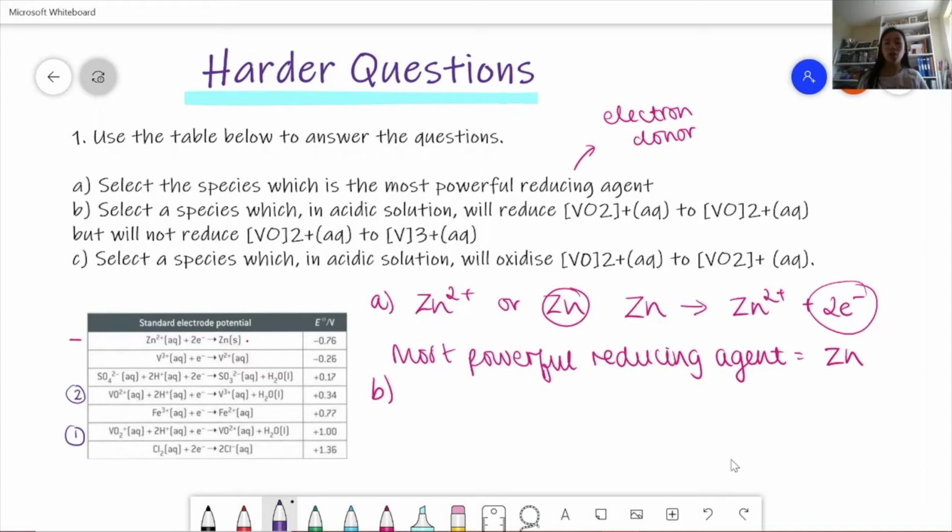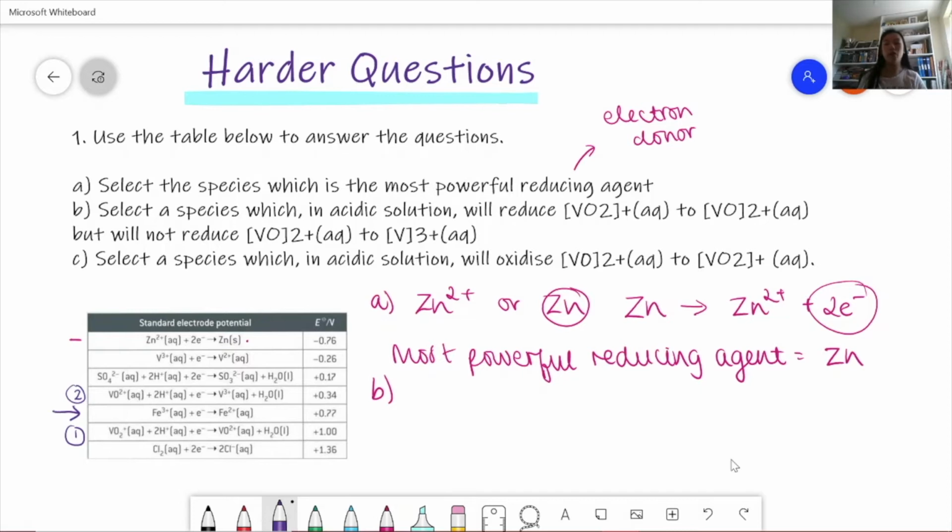And so we need a half cell which is more negative than equation 1, but less negative than equation 2. So that means the species is in this Fe3+/Fe2+ half cell, because it can reduce equation 1 but not equation 2, because its standard electrode potential is in the middle.